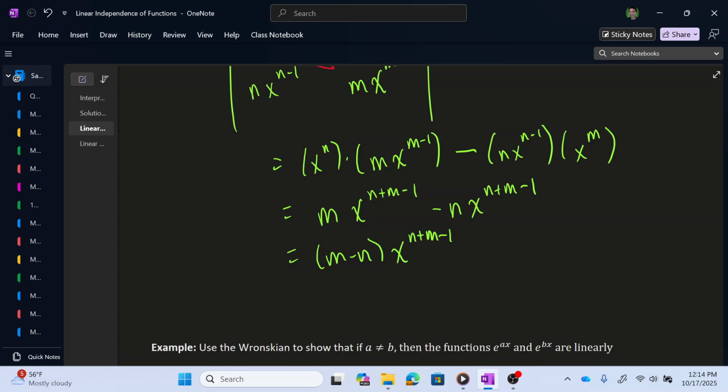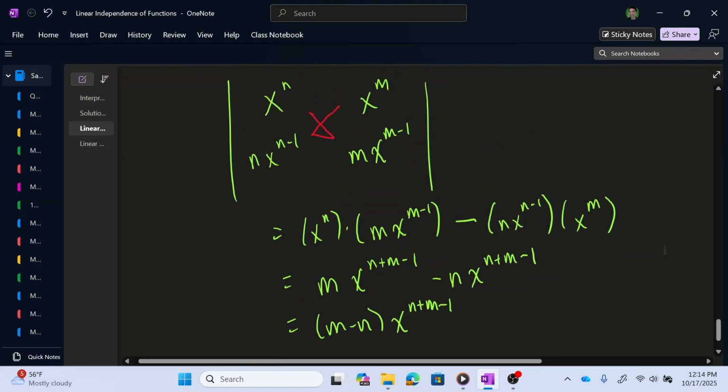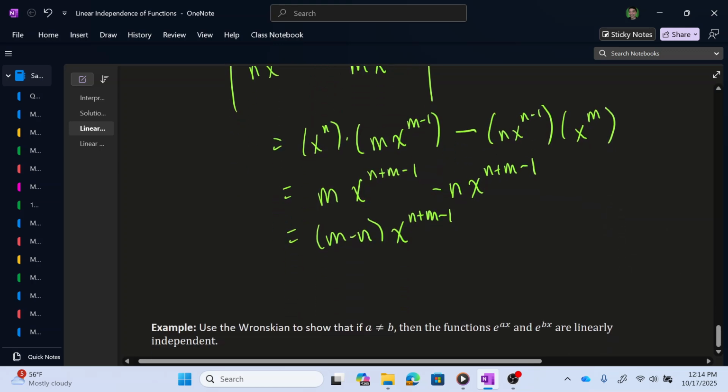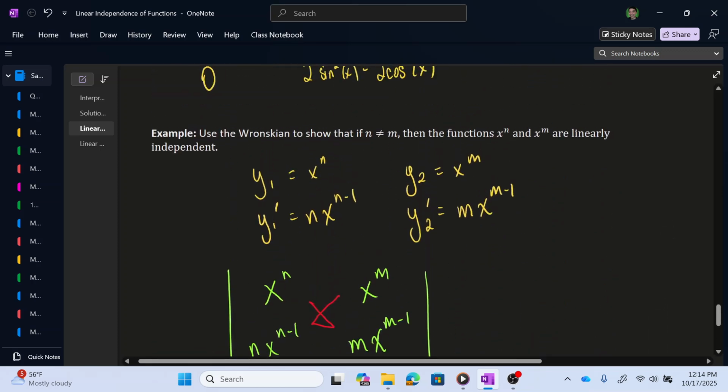If this is equal to 0 for all values of x, then that is a sign that these two functions are linearly dependent. However, if this expression is not equal to the zero function, if there is even a single value of x at which this quantity is non-zero, then the Wronskian is saying that these two functions are independent.